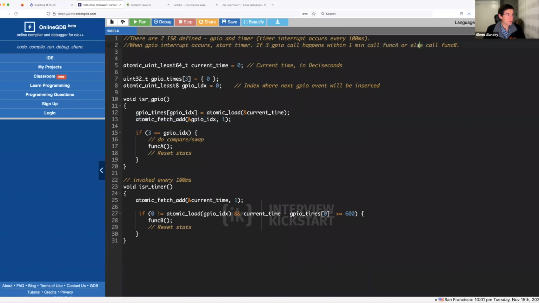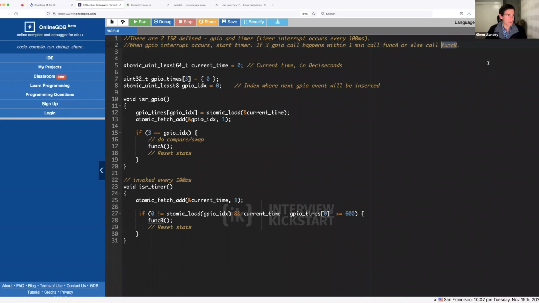We call func A or else we call func B. So there's never a scenario in which we call A and B. That being said, I think your question alludes to a different interpretation of this prompt, where if the 3 GPIO calls happen within one minute, we call func A, and after a minute elapses, regardless of whether we call func A, we always call func B. That could be a different interpretation. I don't want to make a claim for which interpretation is correct.